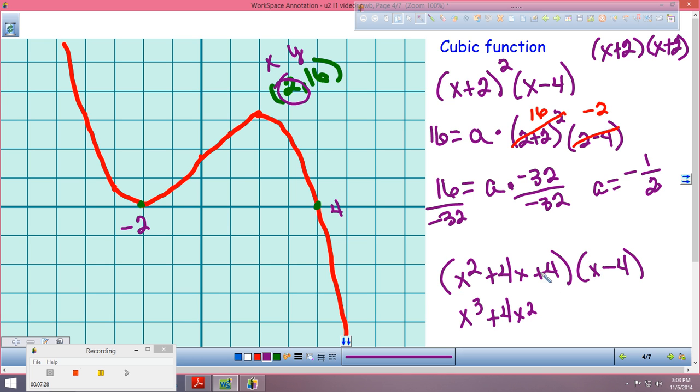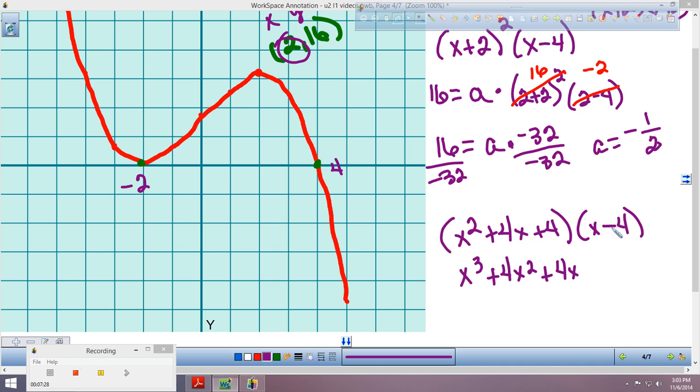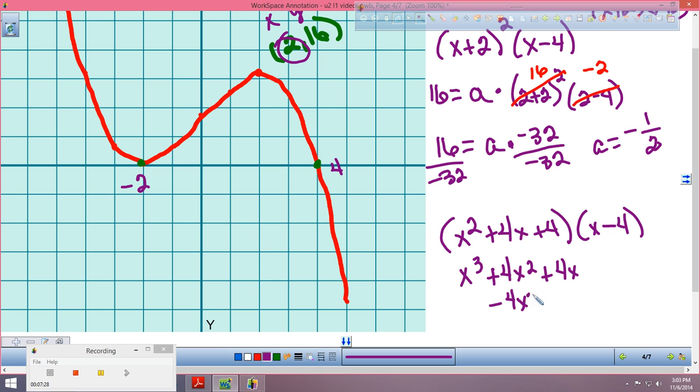X times 4 is going to be plus 4x. Now then I have to do this minus 4. Remember, we're thinking of it as negative 4. Negative 4 times x squared is negative 4x squared. Negative 4 times 4x, negative 16x. And negative 4 times positive 4 is going to give me minus 16.